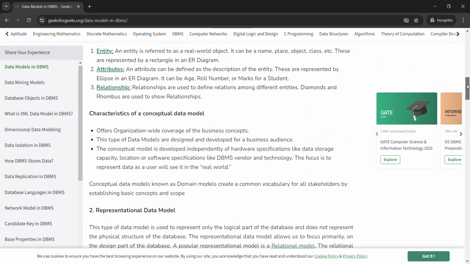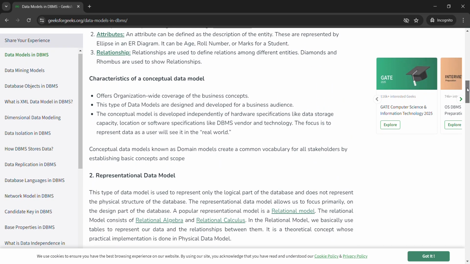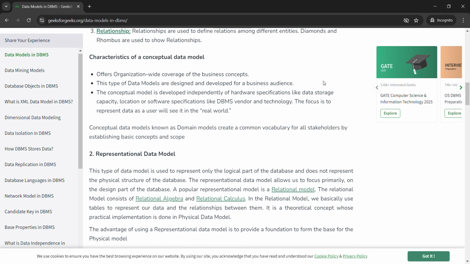Next are the characteristics of a conceptual data model. It offers organization-wide coverage of the business concepts. This type of data model is designed and developed for a business audience.